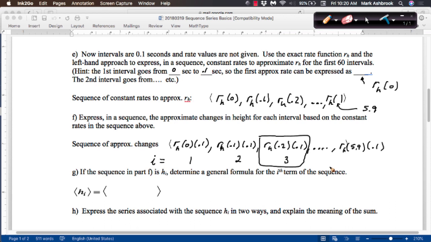So every term looks like what? r sub h of something times 0.1, right? They all are times 0.1. So the question is, the ith term, what changes on each one is the left side of the ith interval. So how do you get the left side of the ith interval? Anyone think they got it? Yeah.